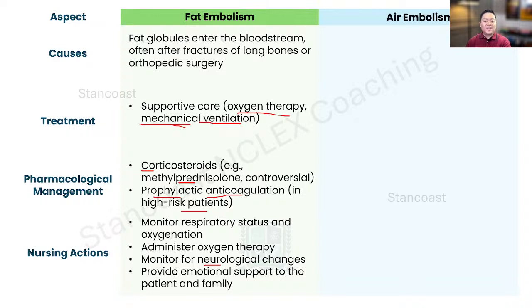Now, with the air embolism, this is a different type as well, wherein the causes are going to be the following. Maybe there is a penetrating wound into the chest or the abdominal area, or maybe there is some kind of surgical procedure that allowed the air to get into the venous circulation.